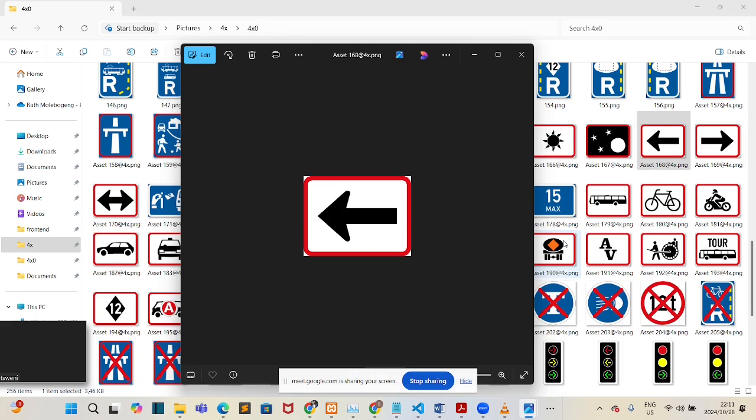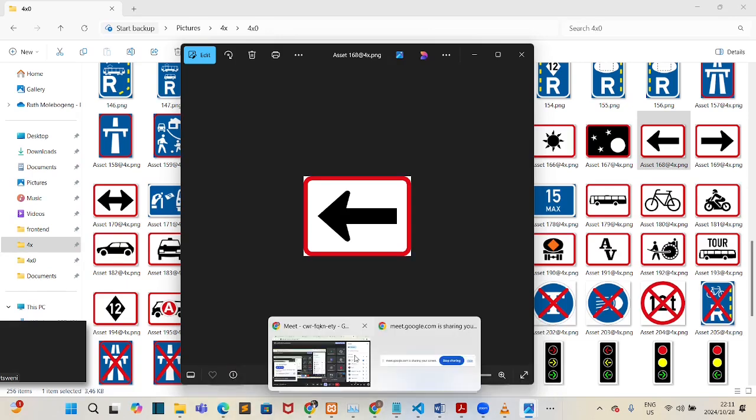C, below a regulatory sign. Please repeat the options. A, at a one-way road. B, at an off-ramp from a freeway. C, below a regulatory sign. A. Incorrect.